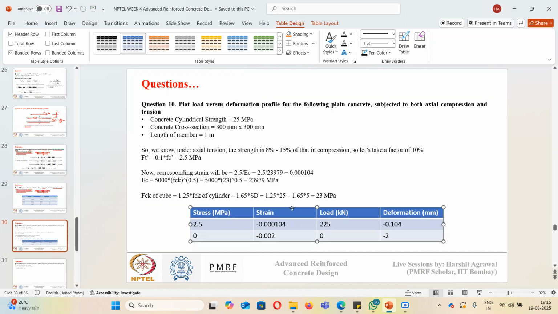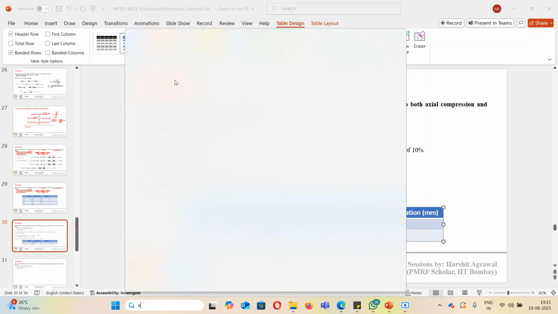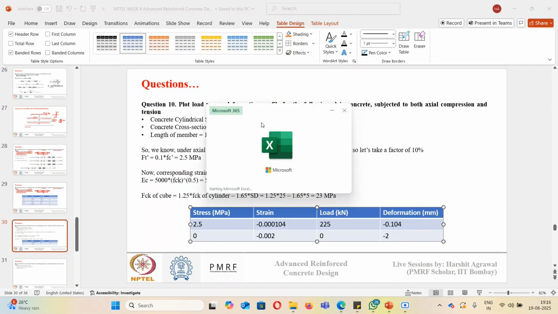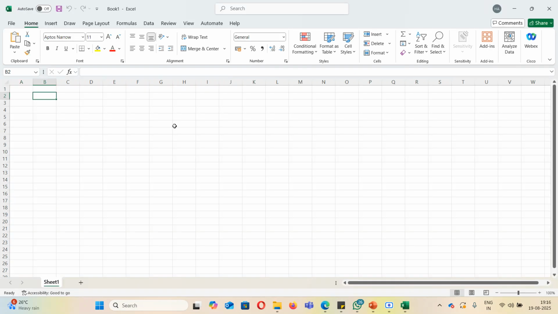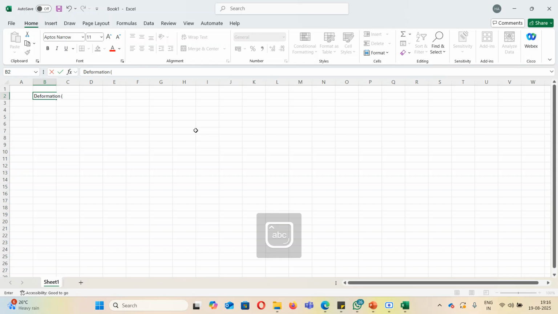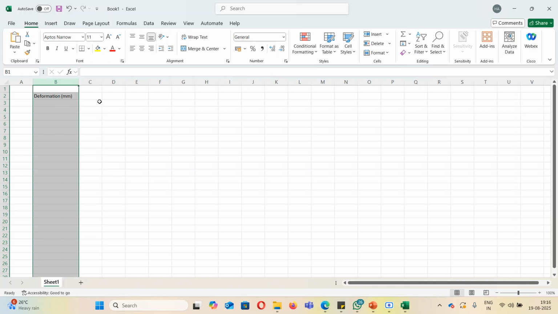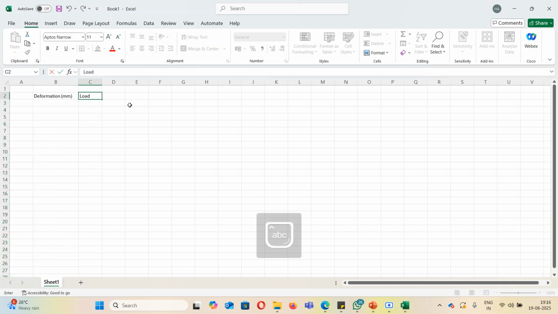Now, how we plot the profile, I will just open an Excel sheet. So this is my deformation on x-axis in mm, and there is load on y-axis in kilonewton.